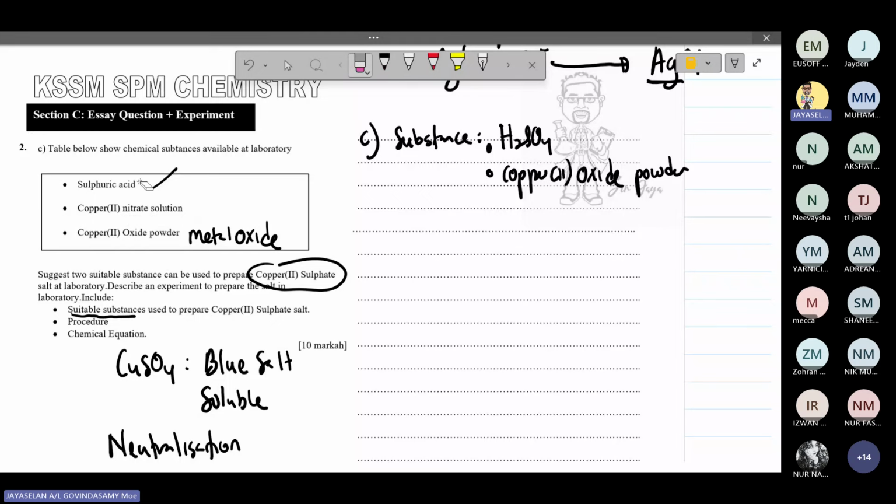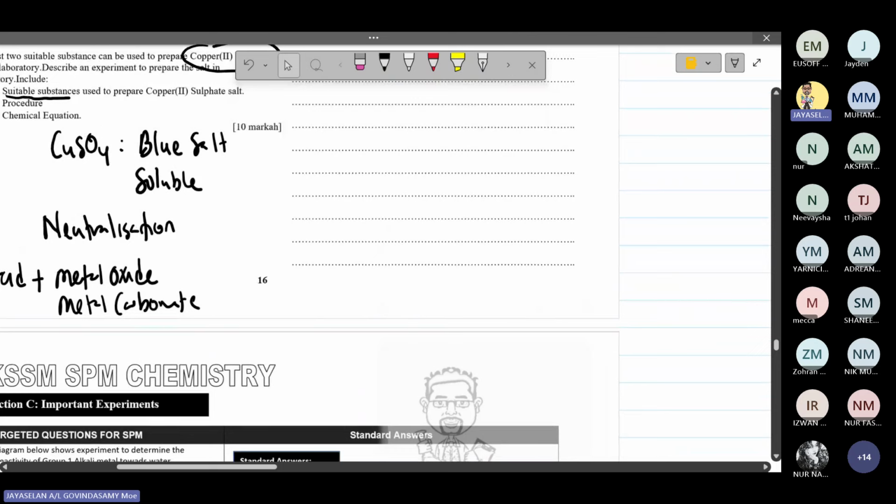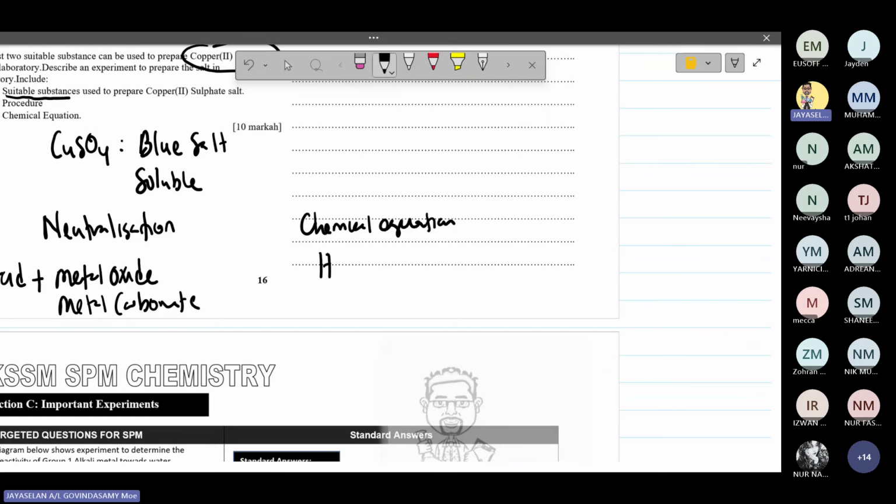Any question? No? Okay, I do the chemical equation. Sulfuric acid reacts with copper 2 oxide, you will get copper 2 sulfate plus water. What color crystal will form? Blue color crystal will form.